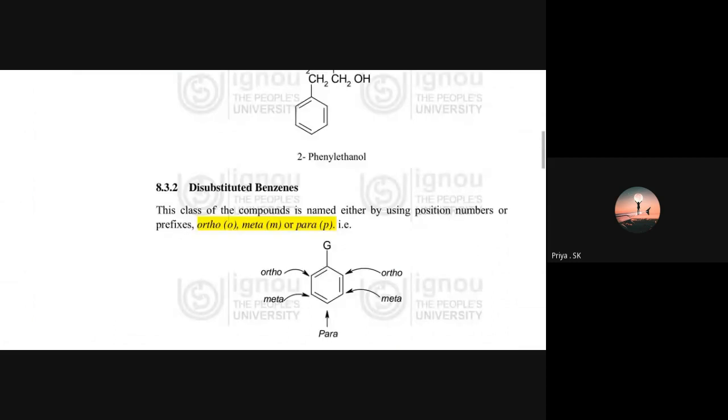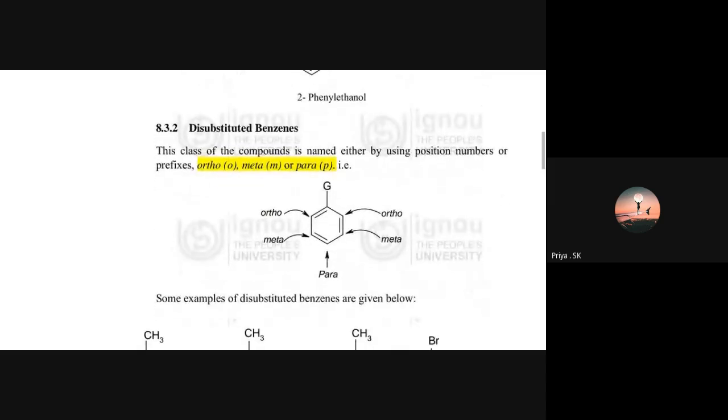Then di-substituted benzene. This class of compounds is named either by using position numbers or prefixes ortho, meta, and para. If the functional group is present just opposite to the group, then it is called para. If it is attached next to the group, it is called ortho, and if it is attached at the second position from the group, it is called meta.